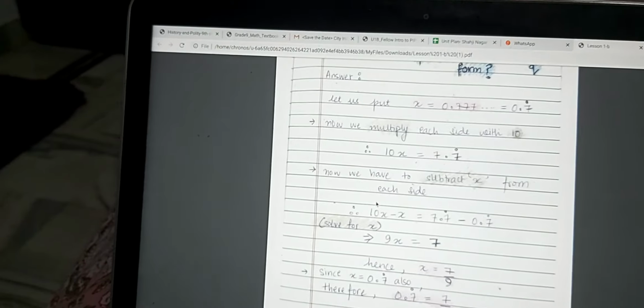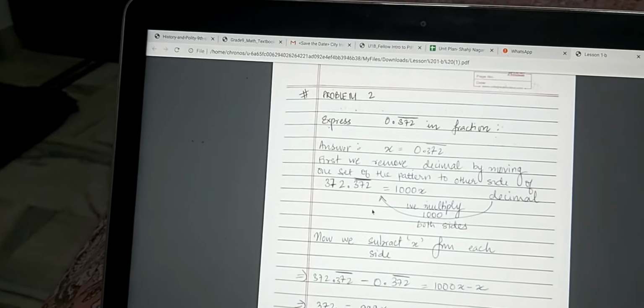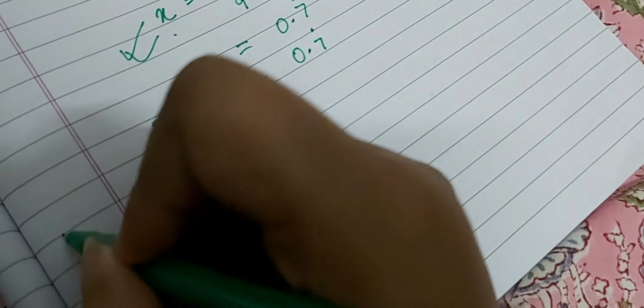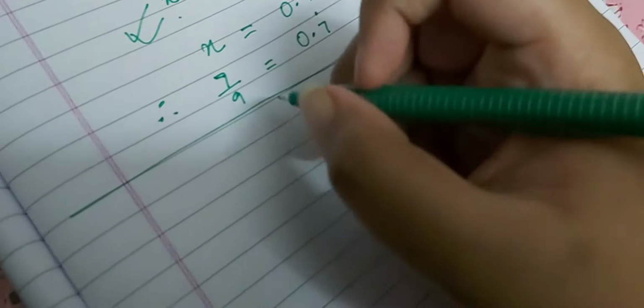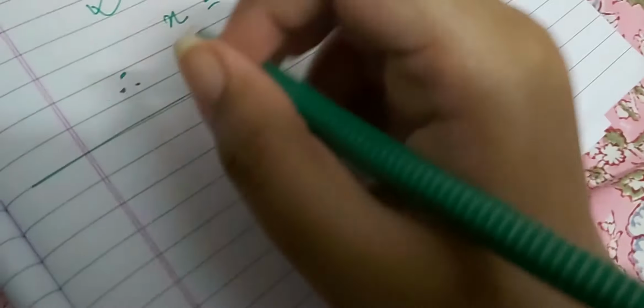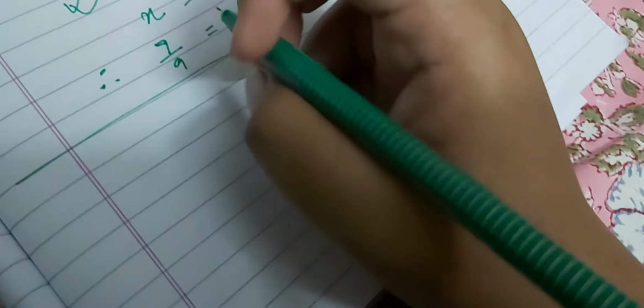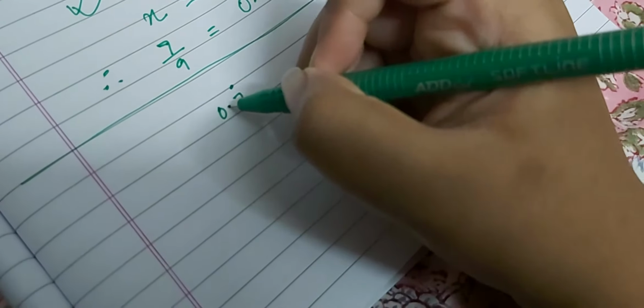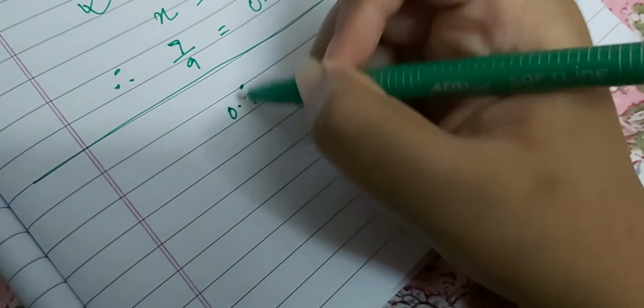Now look, there are two very important things to remember over here. First thing is, if I ever give you a sum, you're going to look at how many numbers are there after the decimal. So for example, over here we had 0.7 recurring. So after the point we only had one number, right?